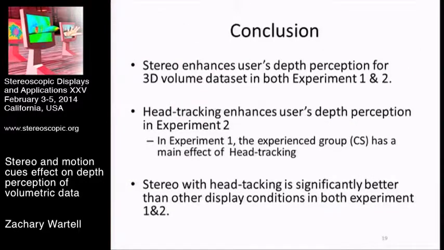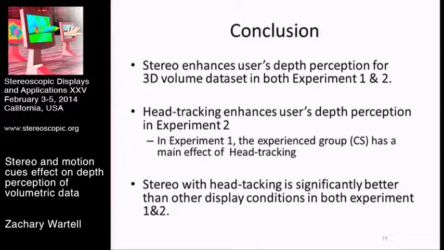So to conclude, essentially what we found was that in both experiments, the stereo enhanced the user's depth perception on this particular 3D volumetric data set. Across the two experiments, in experiment 2, head tracking had a positive differential effect, whereas in experiment 1, there was a group of students who had more gaming experience.